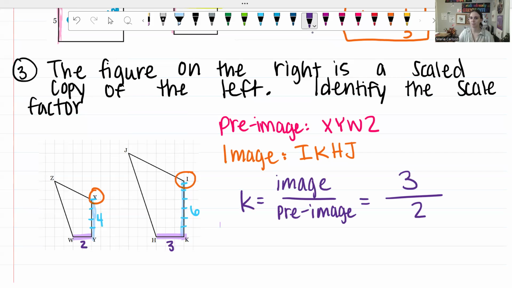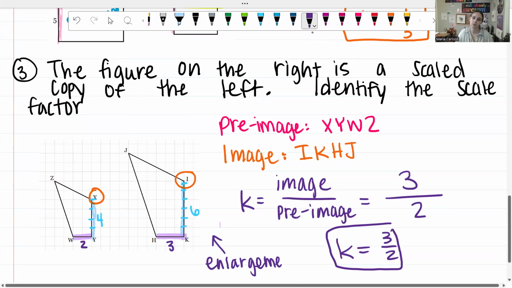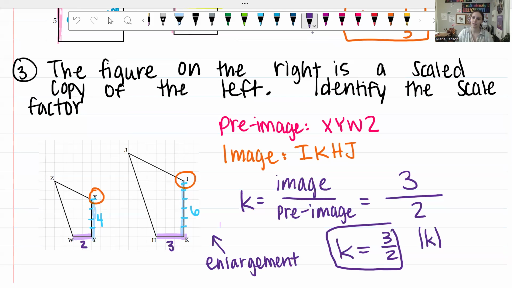And that doesn't have to simplify. So our scale factor K is 3 over 2, which makes sense because this is an enlargement, right? This did get bigger. And the absolute value of K is greater than 1.